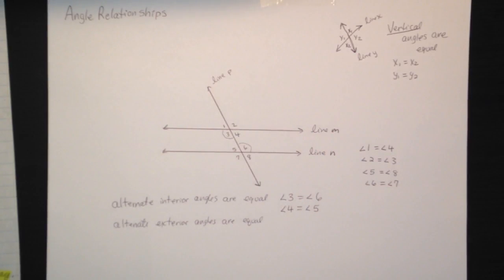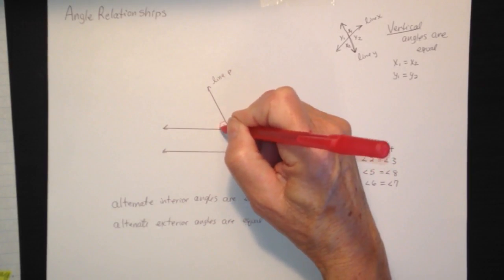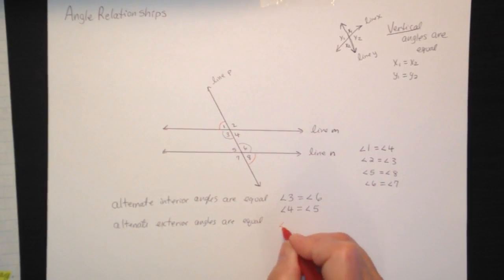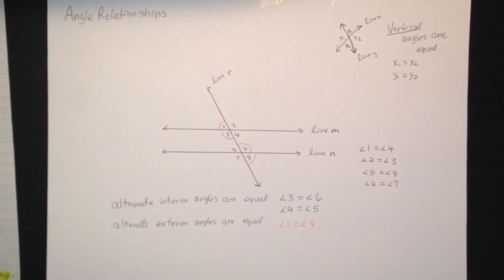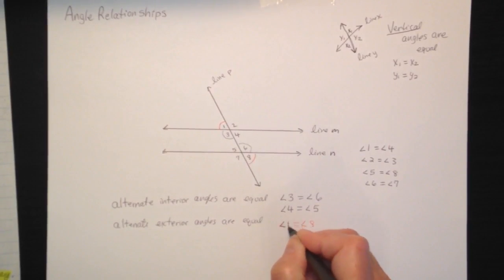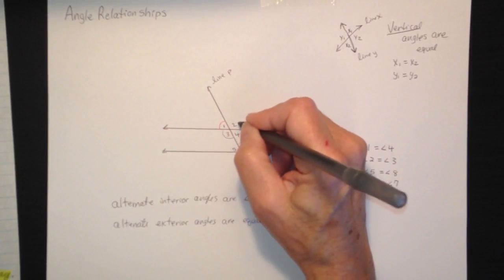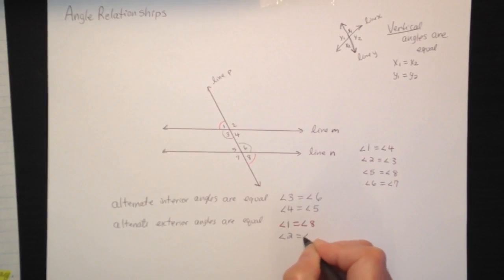So since alternate exterior angles are equal, we can say that angle 1 and angle 8 are alternate exterior angles, and that angle 1 is equal to angle 8. And then we can also say that angle 2 is equal to angle 7 for the exact same reason.